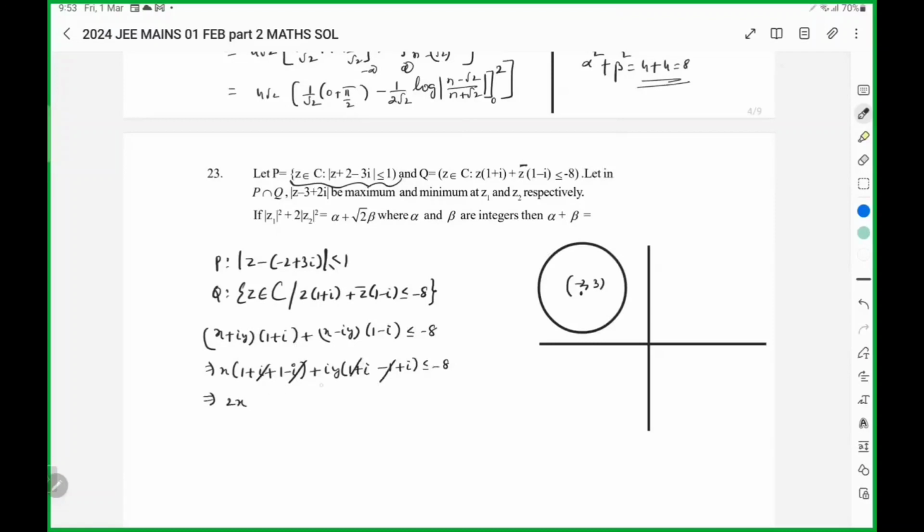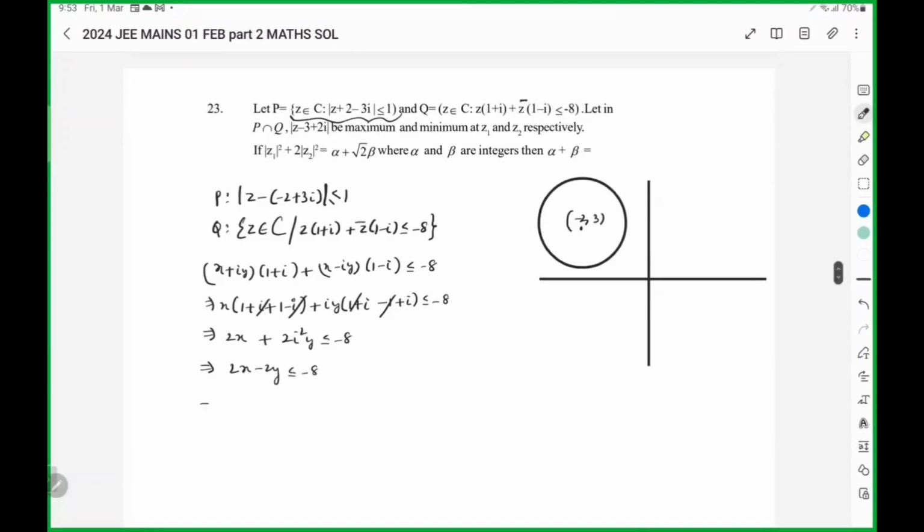So here it is iy into iy, 2i square y, x minus y.